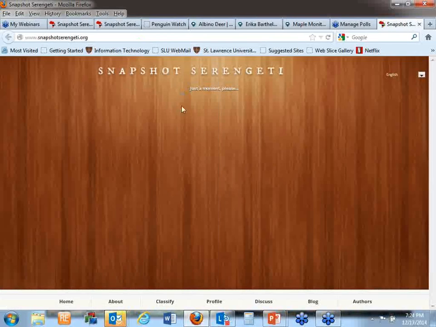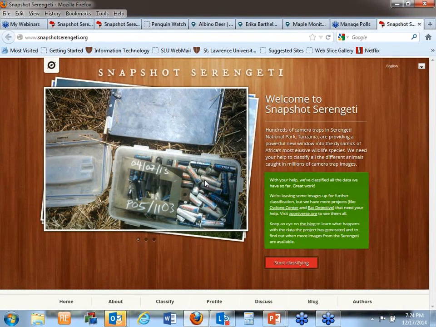This example, called Snapshot Serengeti, is one in which the Serengeti, for those of you who may not be aware, is a very large savanna grassland system that spreads between southern Kenya and northern Tanzania. It's the last home of one of the world's most significant mammal migrations.